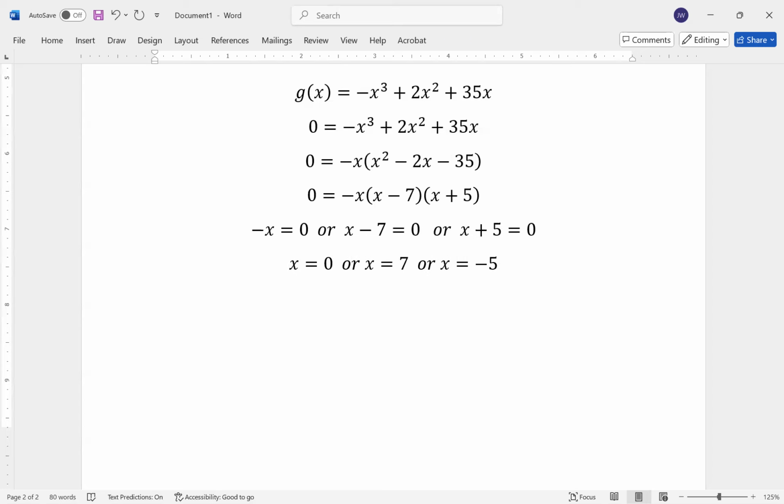Those 3 solutions are all zeros of g of x. The x-intercepts are (0, 0), (7, 0), and (-5, 0).